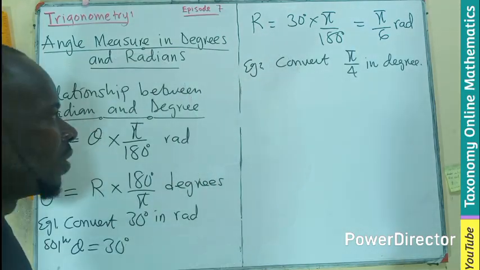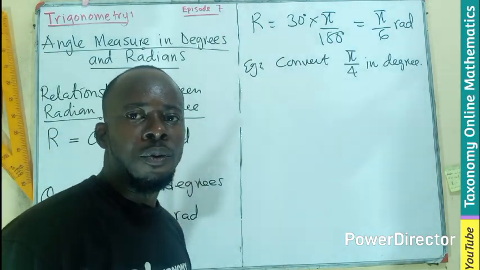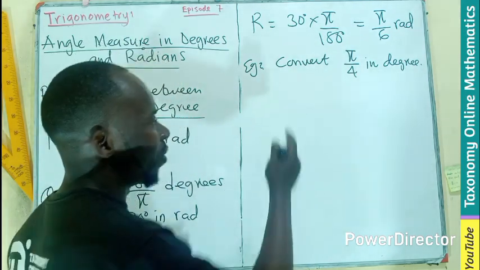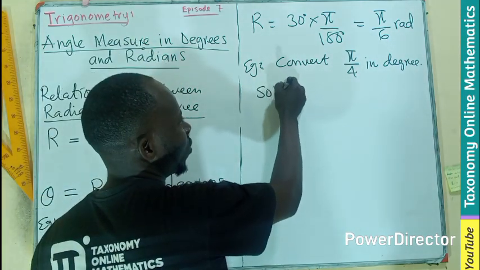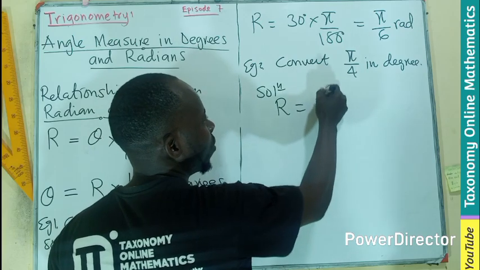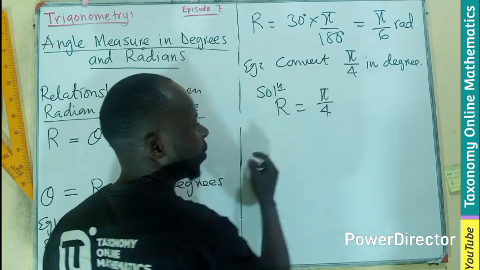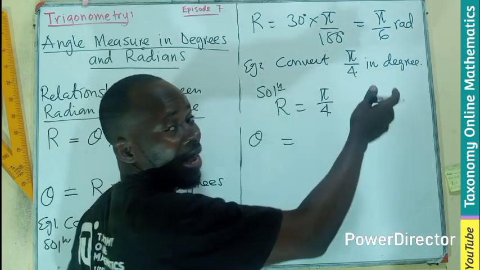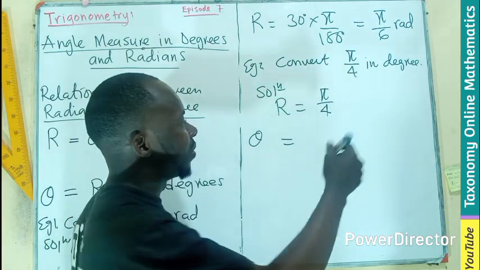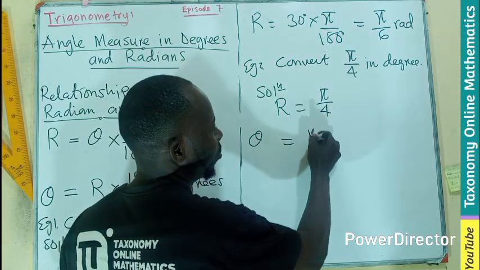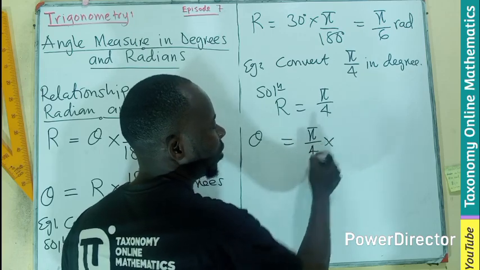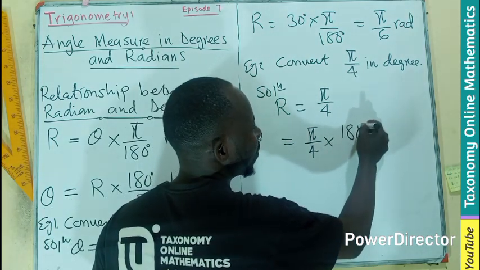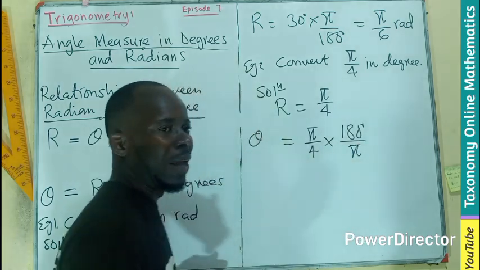Let's say we have pi on 4. We are asked to convert into degree. So it means from here, your R is your pi on 4. You are looking for degree, which is this multiplying the conversion rate. So I'll be having pi on 4 multiplying the next value, what do we have? It is 180 divided by pi.